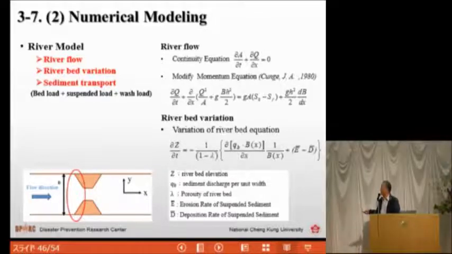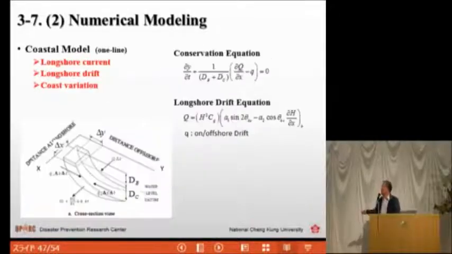So in our equation, we need to modify the lateral pressure effect here. Otherwise, the flow simulation would not be so reasonable. And also, we have a coastal model, we call the one-line model, to simulate the longshore current, longshore drift, and coastal variation, using the conservation equation and the drift equation.